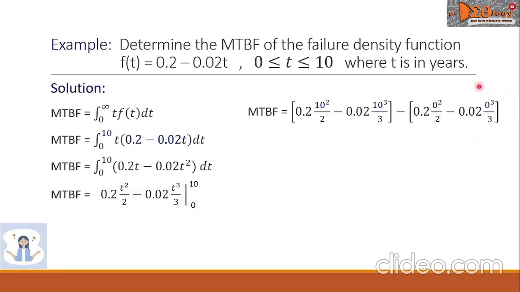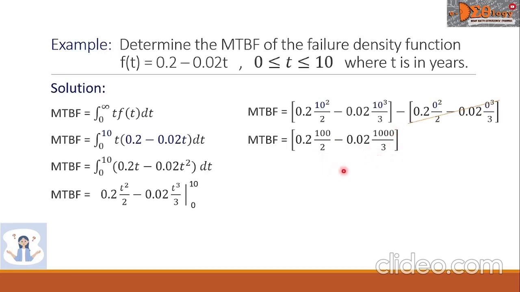Look at the second group. Because of the 0, all of this becomes 0. Let us simplify the first group only. So we have now this 0.2 times 100 over 2 minus 0.02 times 1000 over 3.